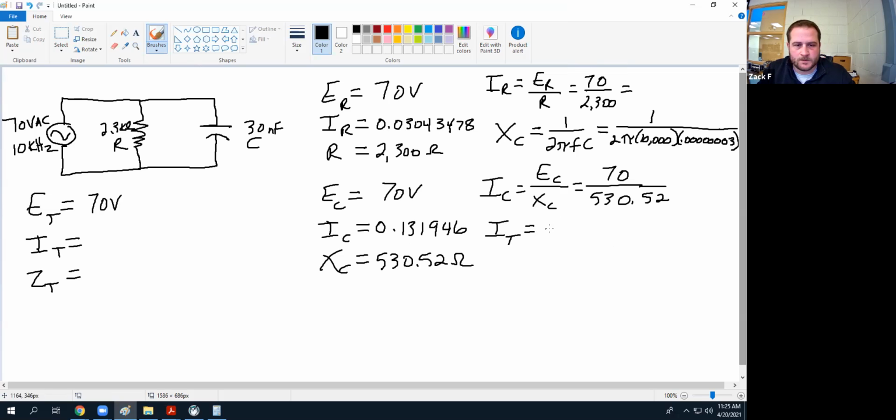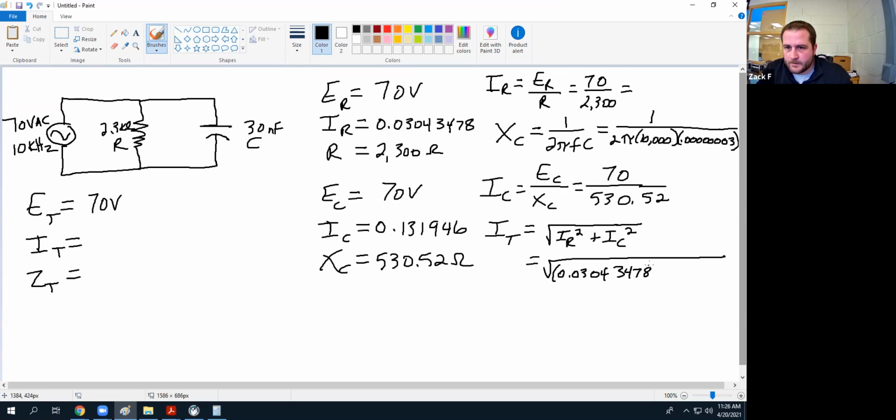I total equals the square root of 0.030434778 squared plus 0.131946 squared.